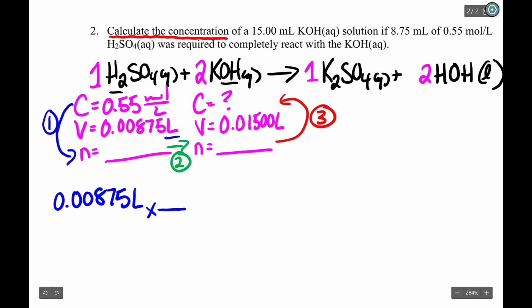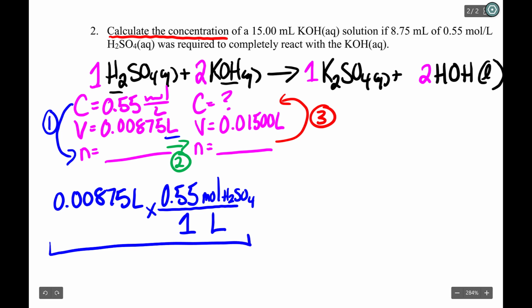I want to get rid of liters and I want to get moles, so liters has to go on the bottom to cancel out. What I want needs to go on top, so I want moles of H2SO4. So there is 0.55 moles for every 1 liter. That's simply the concentration, and step 1 is done. So again, the liters cancels out with the liters.